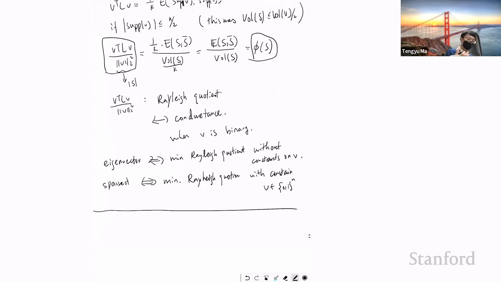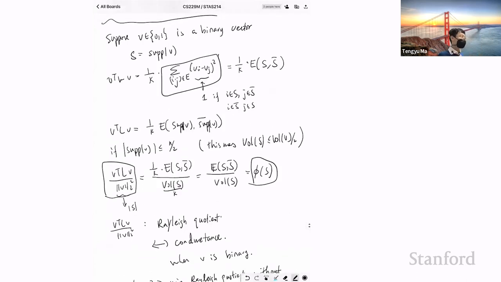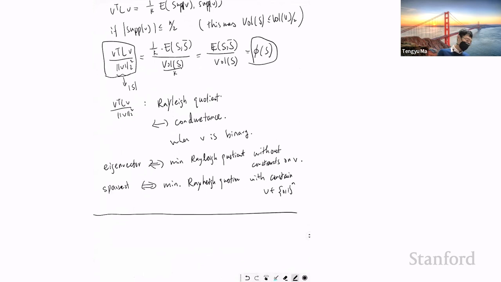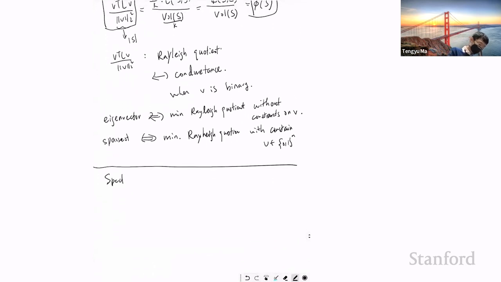The materials I presented mostly come from the theoretical computer science community, and there it doesn't have much to do with machine learning. What people care about is that you just want to partition a graph into two clusters, so you don't have to know machine learning to define a problem to study this. And there is a so-called spectral clustering approach.